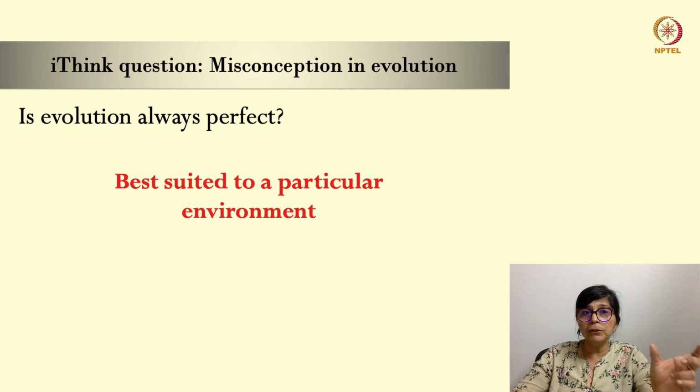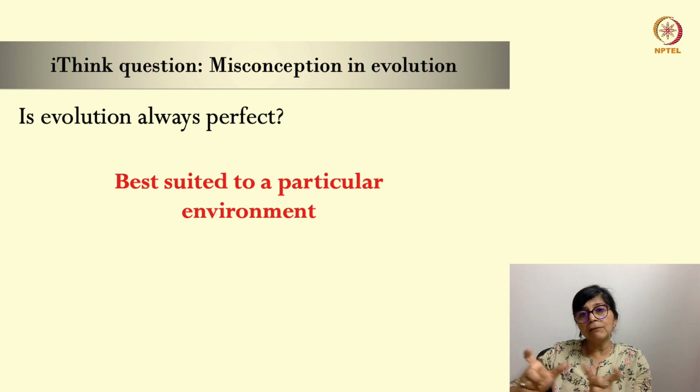So don't confuse that with evolution always being perfect, when it is a very partially true statement. Perfection, or being best suited, comes only when the environment is clear, right? You can make the environment connection.